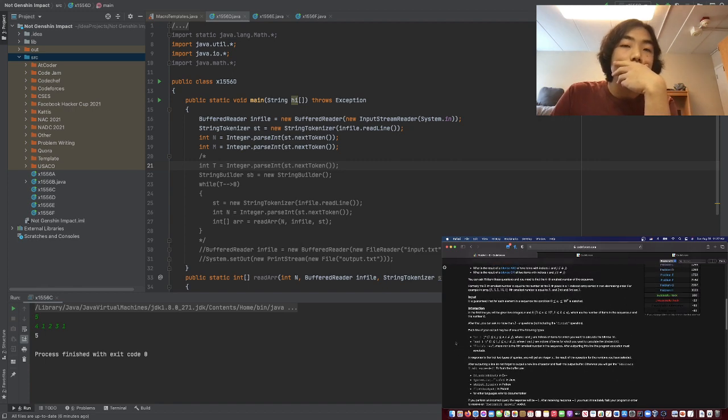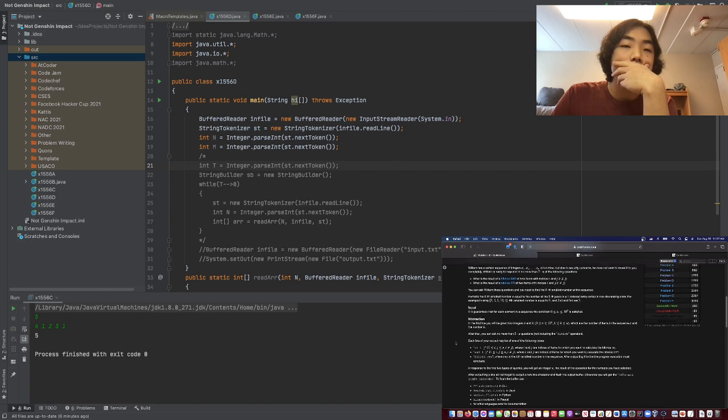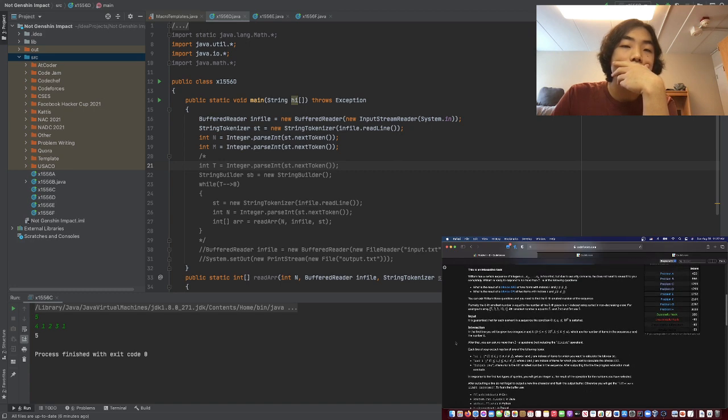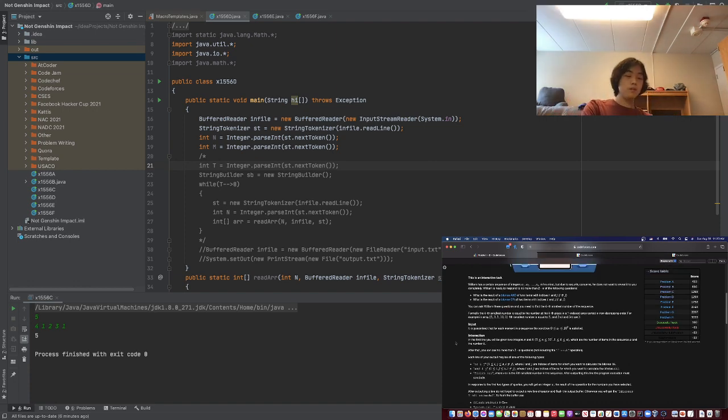If it's a bitwise or of two item indices. Okay, so in here, the 1 bits are important. In here, the 0 bits are important.